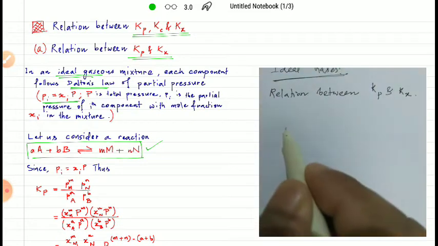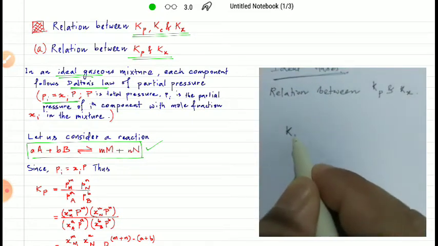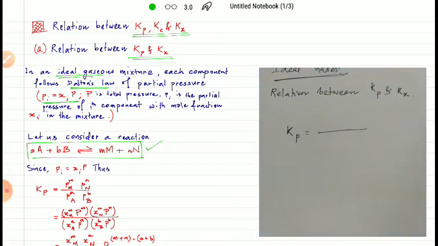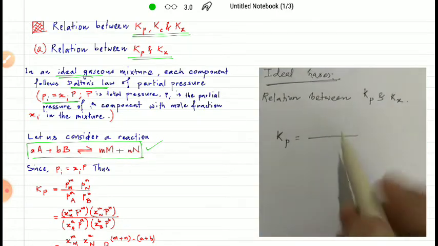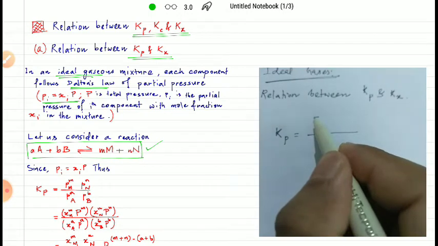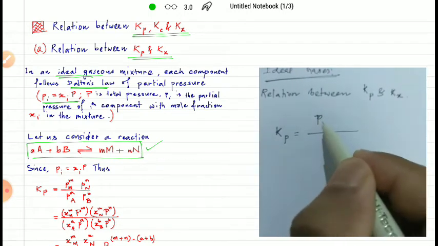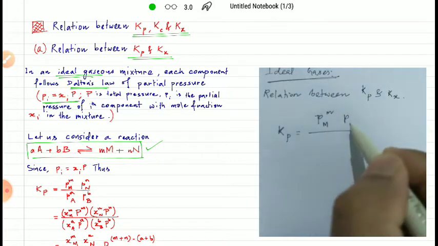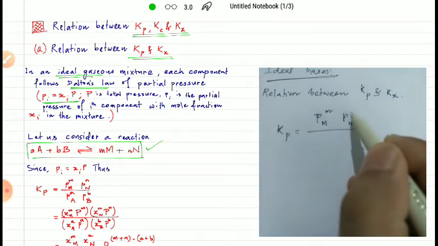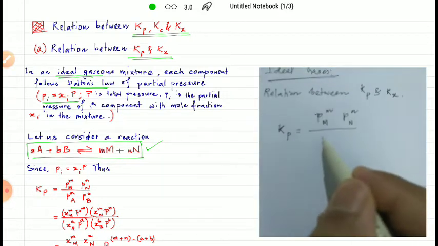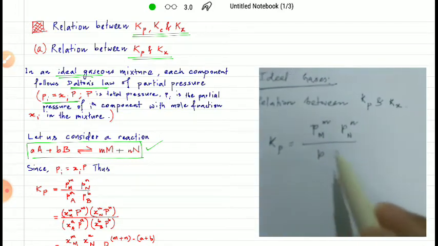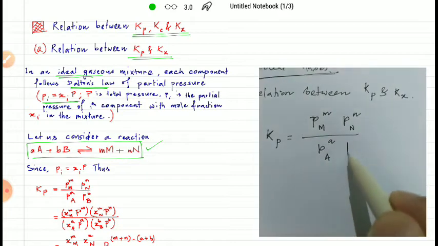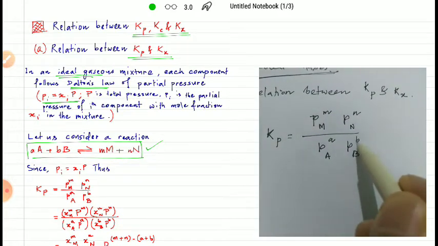So we already know that Kp is equal to the partial pressure of M to the power m, the partial pressure of N to the power n, that is the products, over the partial pressure of A to the power a and the partial pressure of B to the power b.